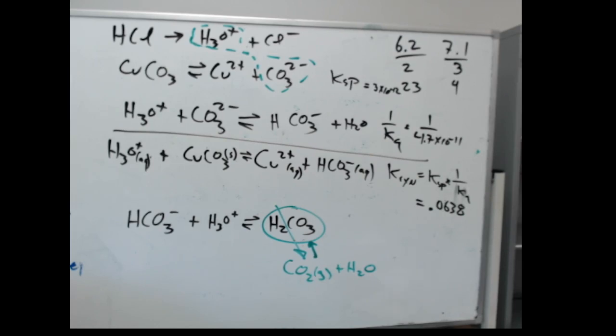Has anyone heard of acid rain or ocean acidification? Acid rain also happens with sulfur dioxide, but ocean acidification is happening because as we increase the CO2 concentration in the atmosphere, we're increasing the amount of CO2 that dissolves in water, which is increasing the amount of carbonic acid that's being formed.